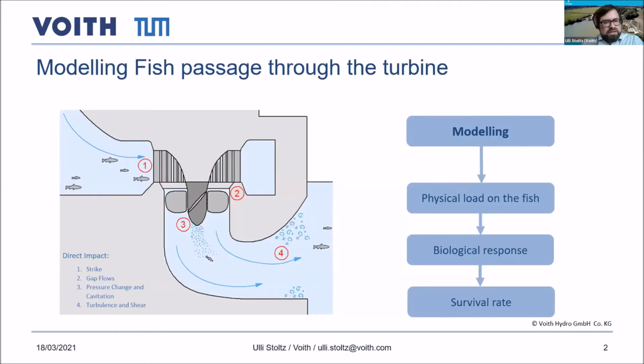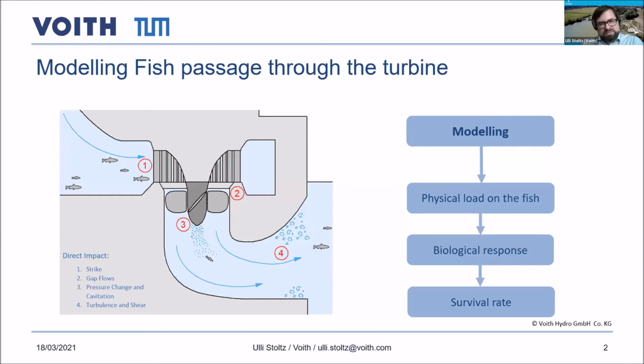Okay, I think I'll go briefly over this just to remind you what's happening if a fish passes through a turbine. There are different things which the fish can experience. There are different obstacles. So it's the problem of collisions with the stay vanes, wicket gates, or in the worst case the runner. Then for Kaplan units, there are gaps which can be critical for the fish.